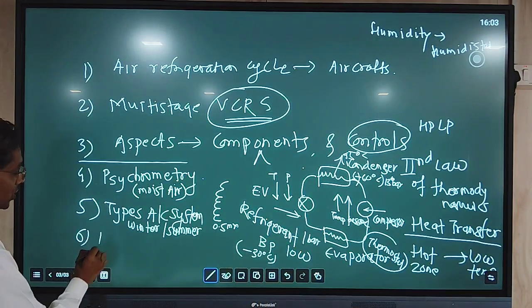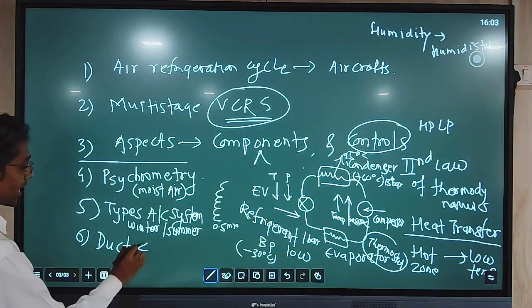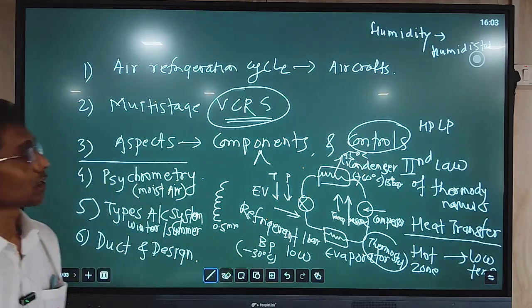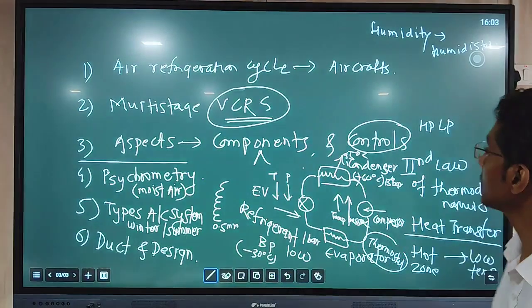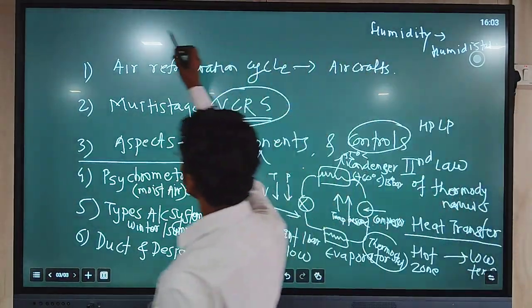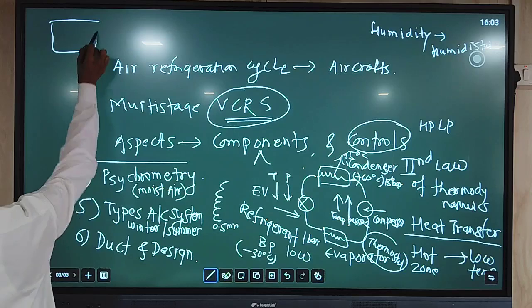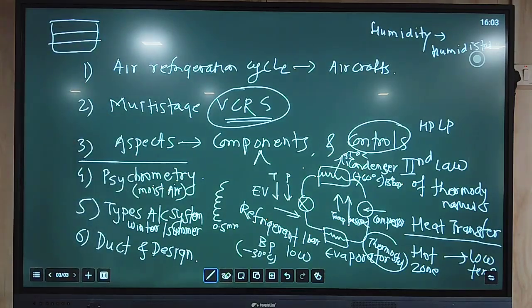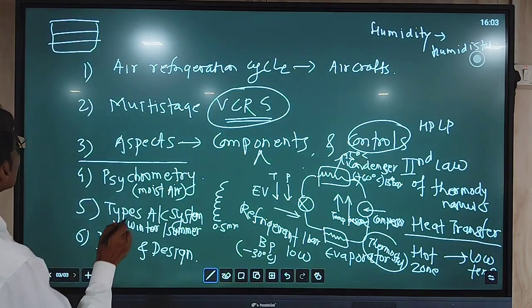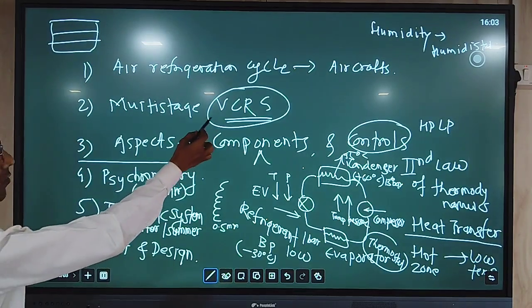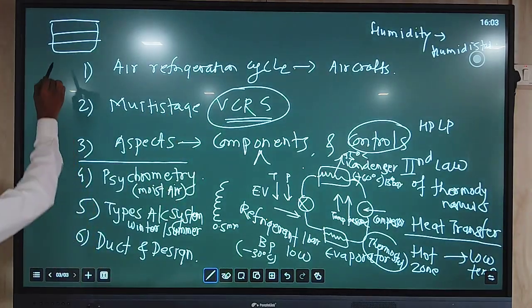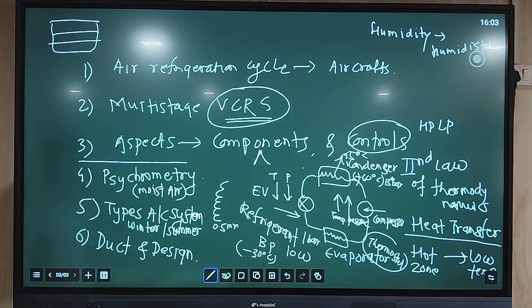The sixth one is the study of duct and design. Normally in a central air conditioning system, suppose this is a multi-story building, and whole-building air conditioning is required. For this purpose, a domestic VCRS system is not enough. So here a big capacity is needed, about 100 plus TR.